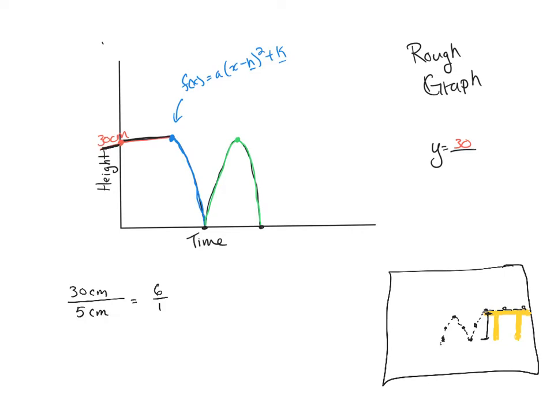So I'm going to use this, and this 6 is going to be my reality, and the 1 is going to be my scaled drawing. Or I shouldn't say the drawing, I should say the movie that I watched. So this is going to be my scale, and I have to make all of my other calculations off that.